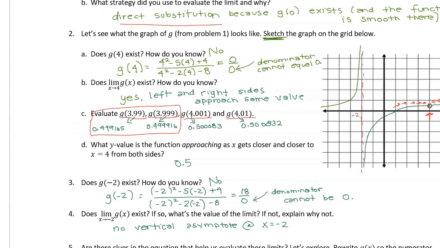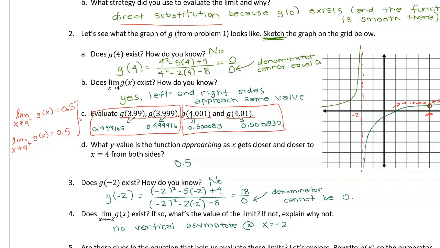This is going to be the limit as x approaches 4 from the left of g of x, and that's going to be 0.5. But also as we come in from the right, the limit as x approaches 4 from the right of g of x, that is going to equal 0.5.